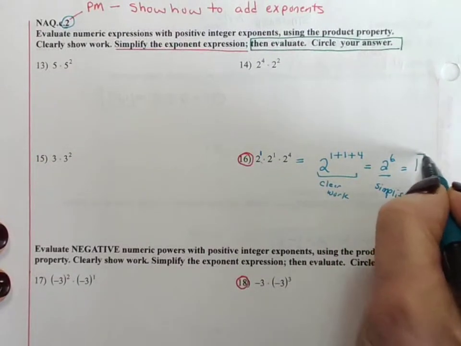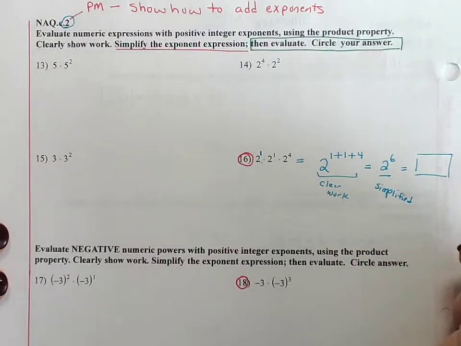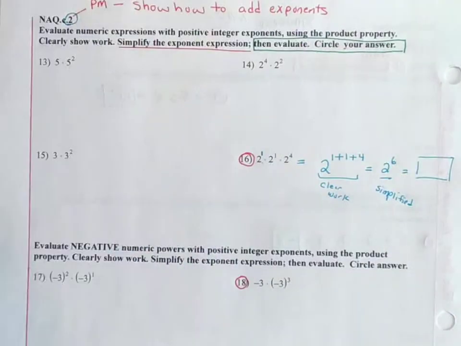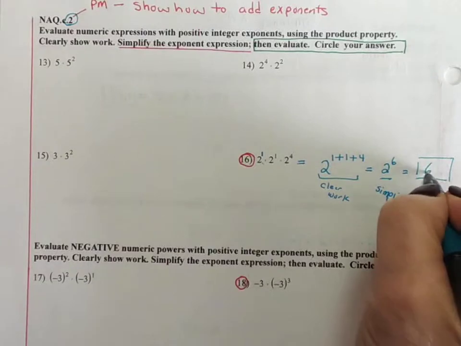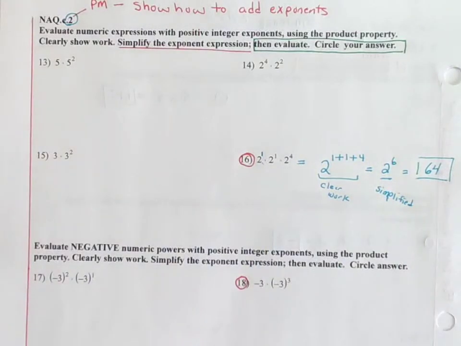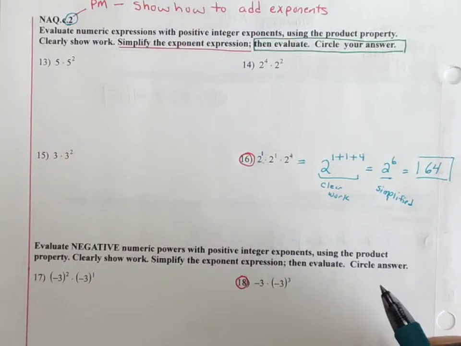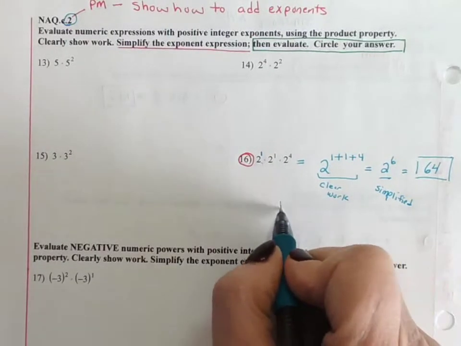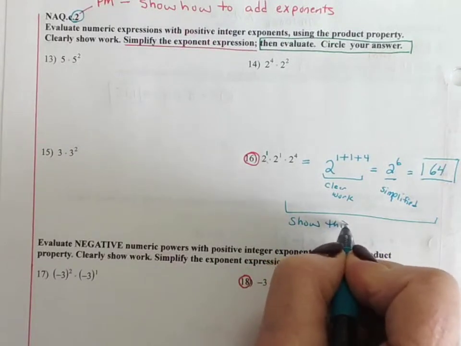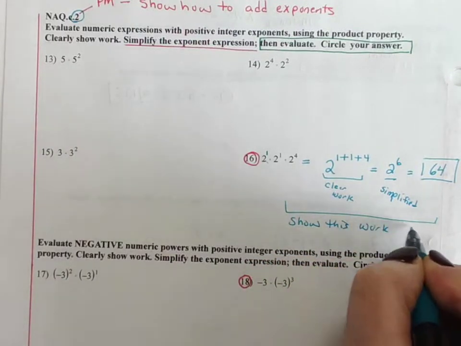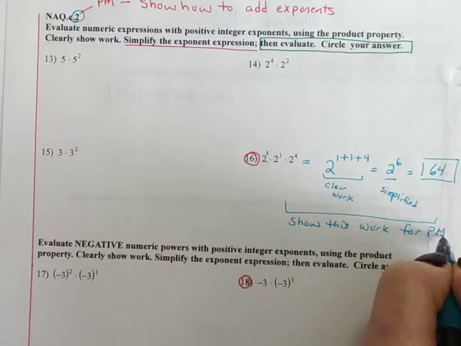And now 2 to the 6th is what? 64. So this is the work that you show. Show this work for partially meets.